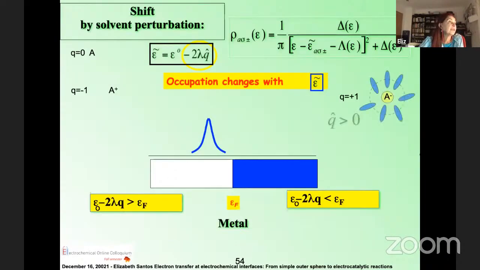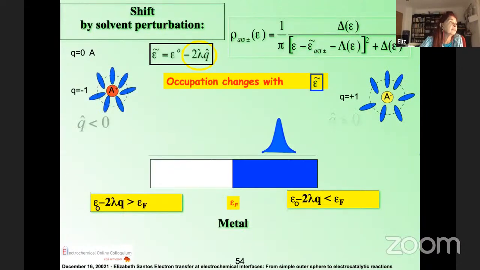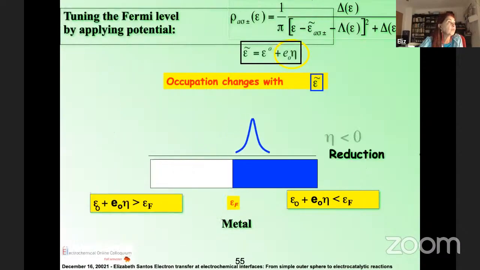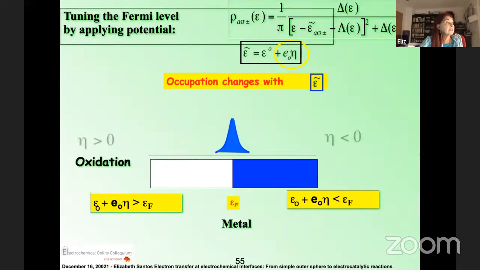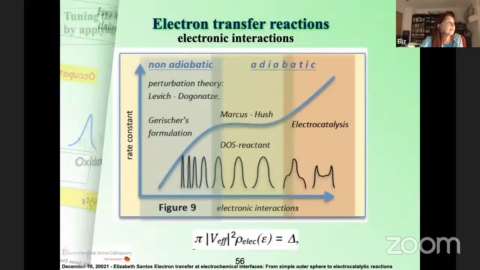And then here again, with this broadening, the potential or the oscillation of the solvent can change the occupation of this state.